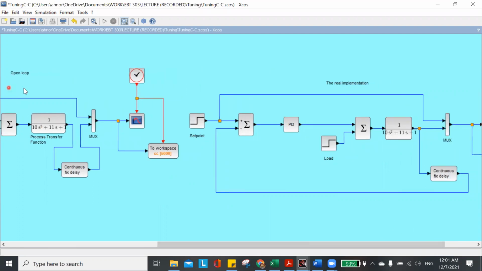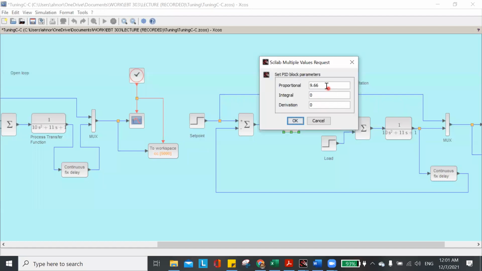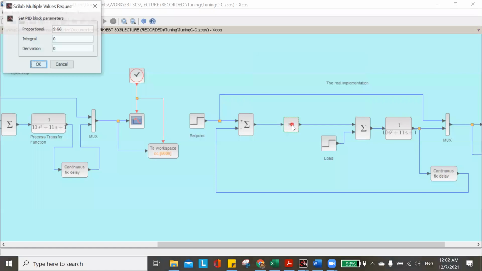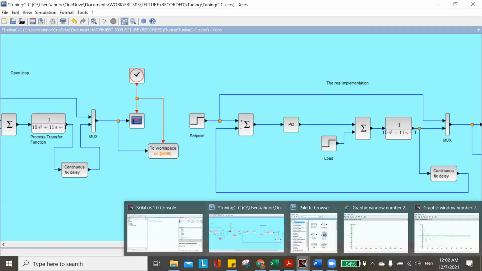The other one is the open loop. You get the value of KC from the open loop. Now we want to implement the value of KC that we calculated just now. You put in 9.67 almost. So 9.67. I put the value here, okay, and then I run the system, the block diagram.